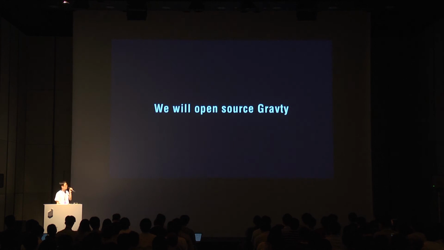One last thing, we will open source Gravty in the near future. And we hope we will have a chance to provide more technical details, such as performance test results, server specifications, and configuration details.